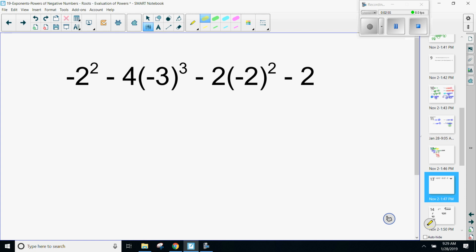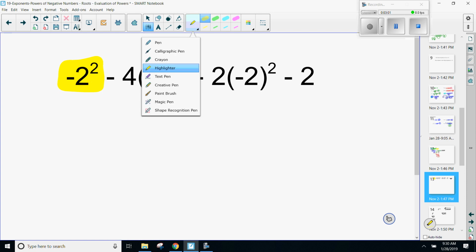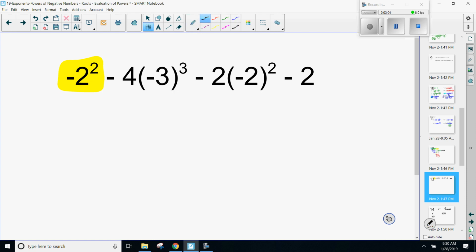So as we look at the first term, what is being raised to the power of 2? Negative 2 or 2? 2. 2 is the only thing being raised to that power. So that negative is not in parentheses, so it's the opposite of 2 times 2. Then we have the minus 4.